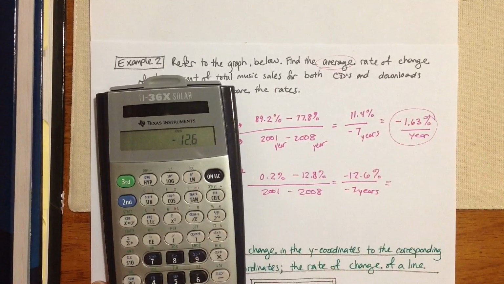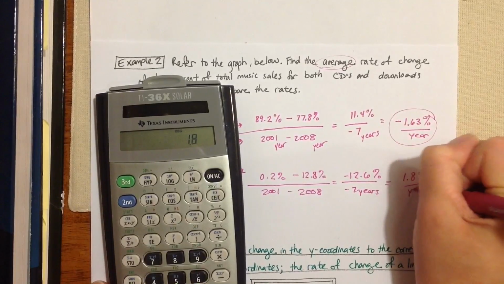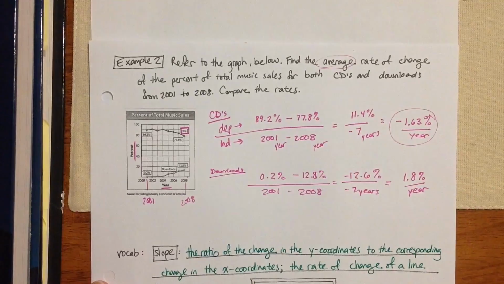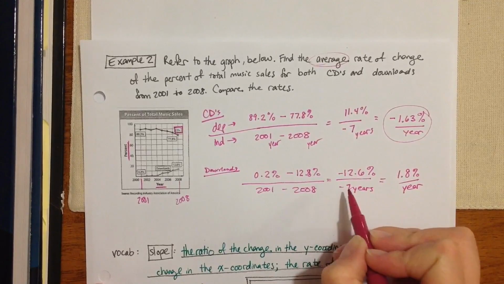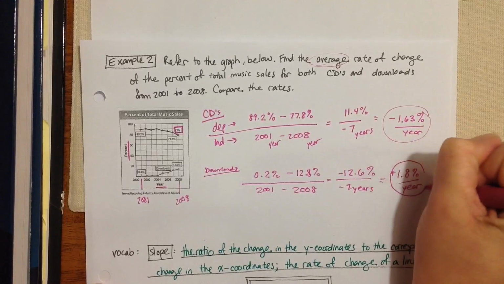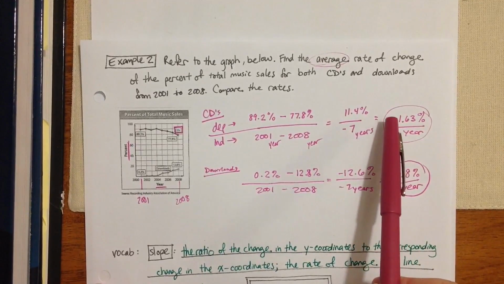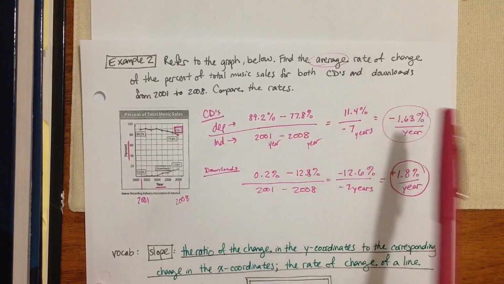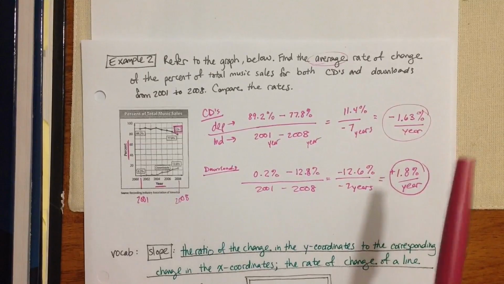When I divide, I get 1.8% per year. But notice this was a negative divided by a negative. Therefore, I'm going to get a positive as my answer. That is important here. We already dealt with in example 1 the fact that decreasing is implied by the negative. But for this one, I have a positive, meaning this is increasing.